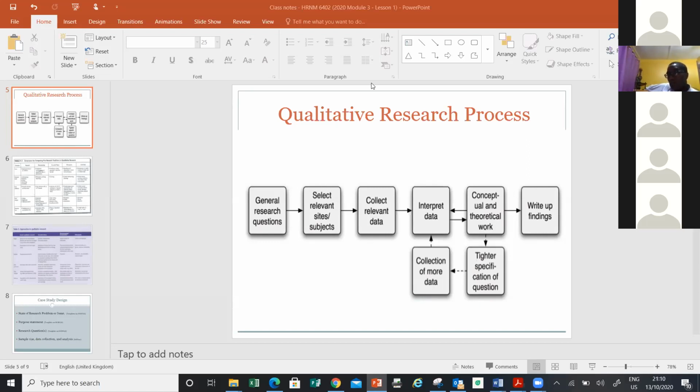So we have to do some analysis of the environment in which we're operating as human resource professionals and practitioners. We don't have it in our head.